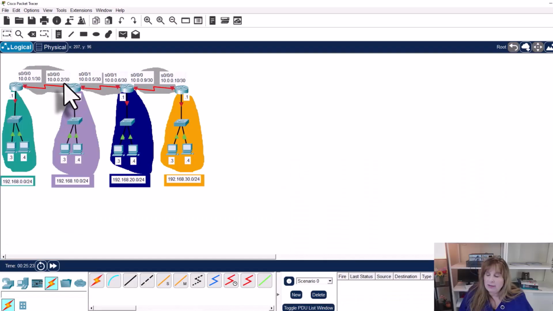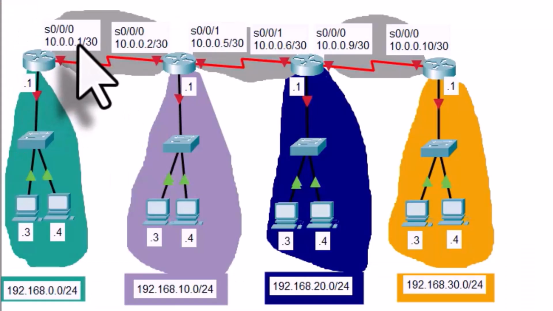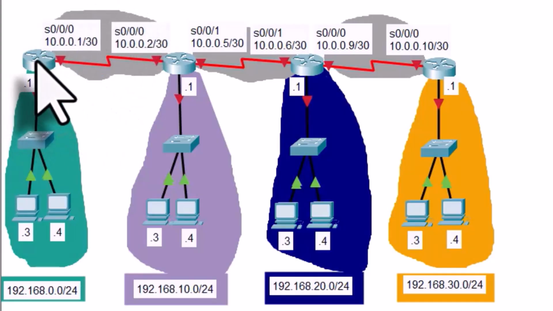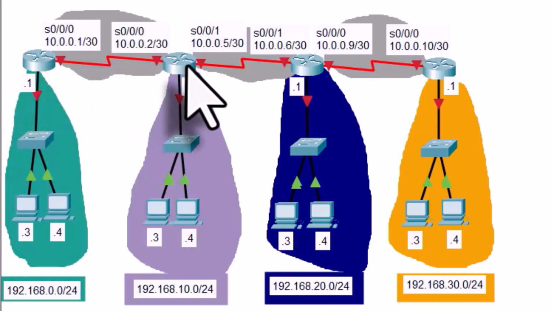So then we have these networks up here. I've indicated them all in gray so that we didn't get too many colors going, but they are different networks. We have the 10.0.0.0 network between router 1 and router 2.